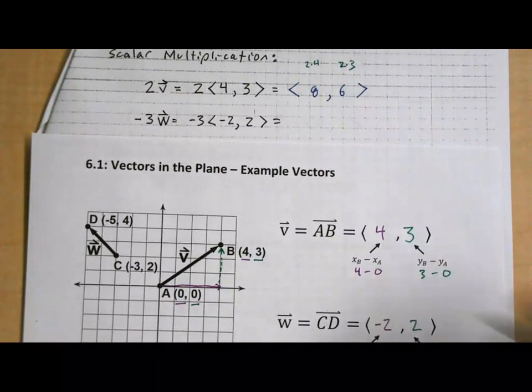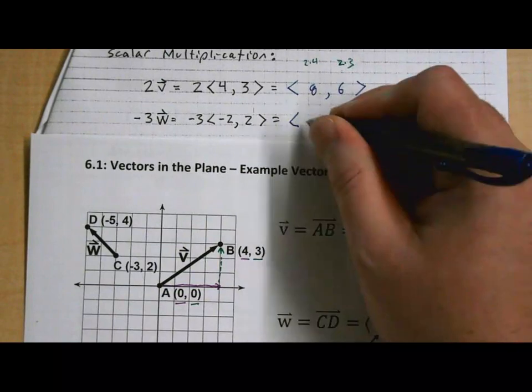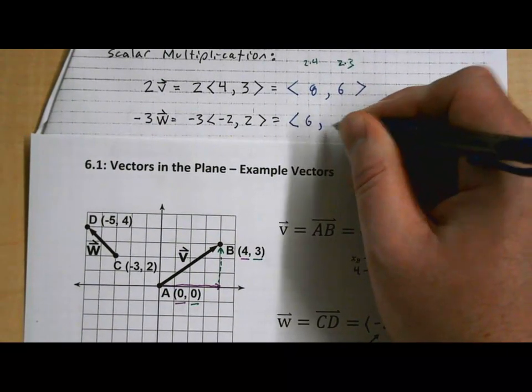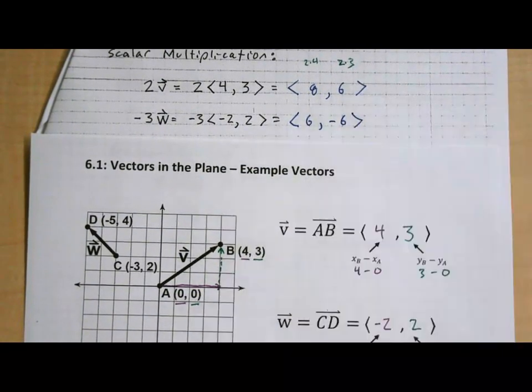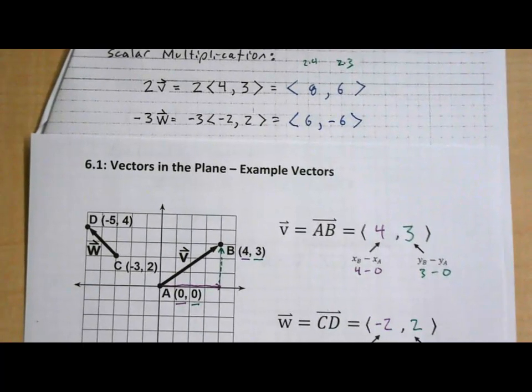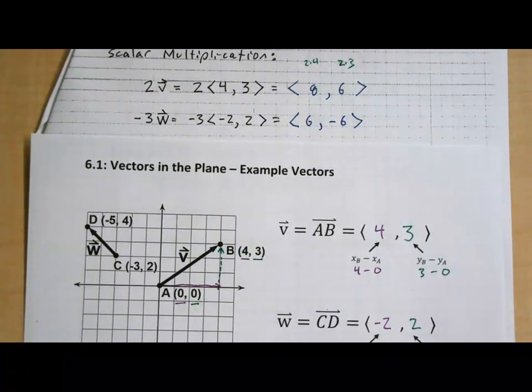All right, I am hopeful that we ended up with a 6 and a -6. All right, so far so good. This isn't too bad, right?